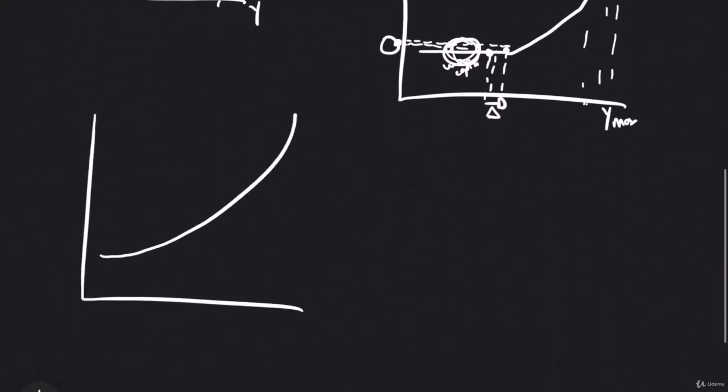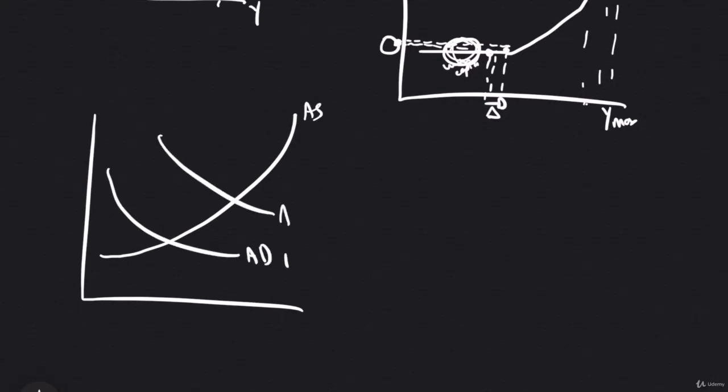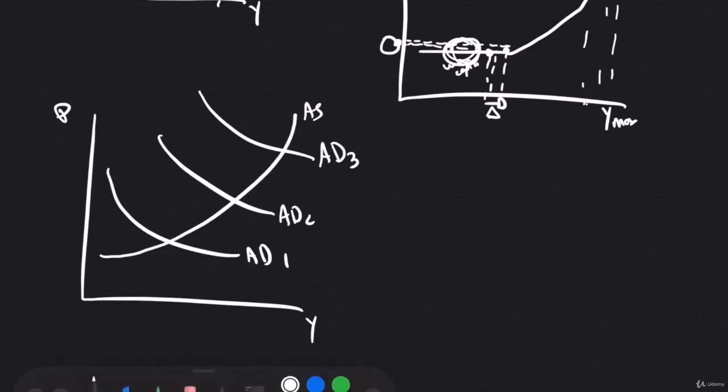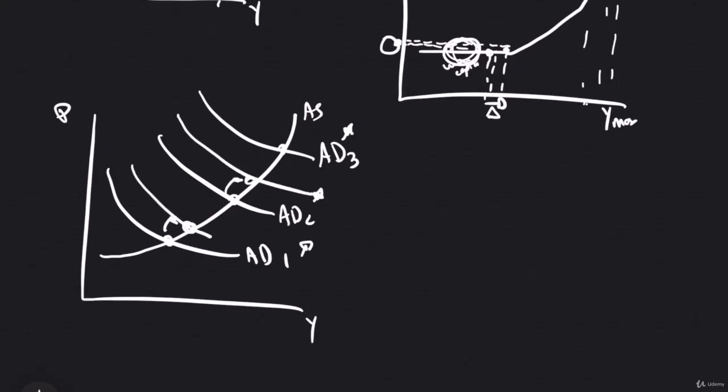So when I put them together, aggregate supply, aggregate demand 1, aggregate demand 2, and aggregate demand 3, well, depending on what aggregate demand or what intersection I'm at, if I can manage to increase aggregate demand, then the effects I'm expecting are going to be significantly different.